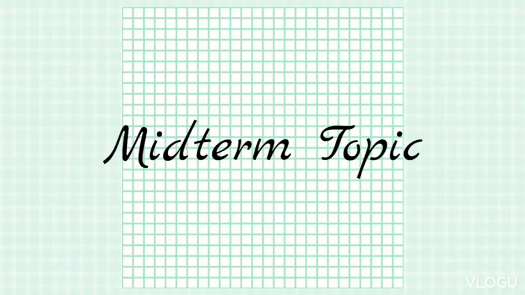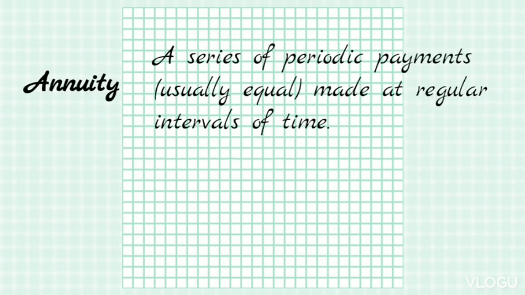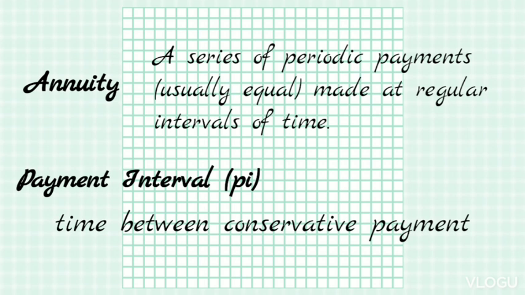For now, let's proceed to the midterm topic, which is the simple annuities. What is an annuity? An annuity is a series of periodic payments made at regular intervals of time. Payment interval, or PI, is the time between consecutive payments.